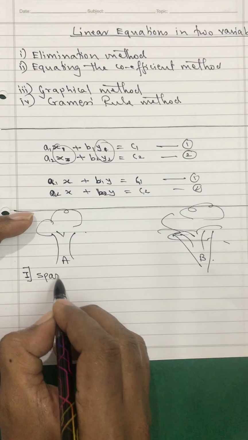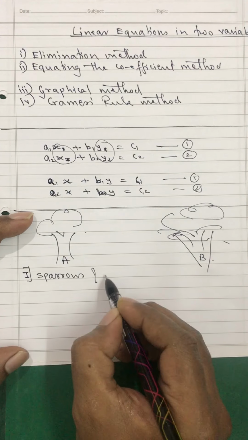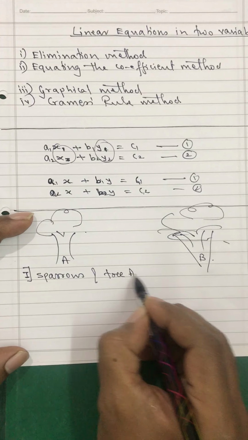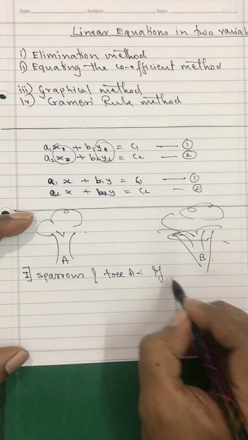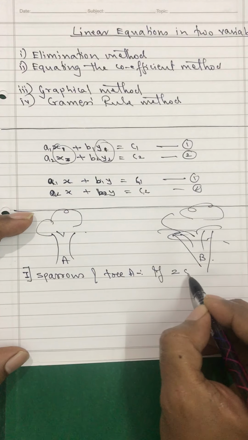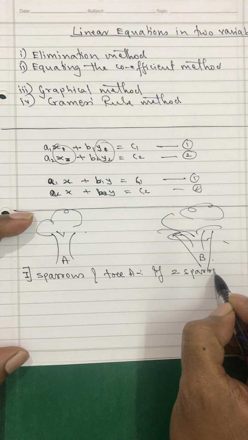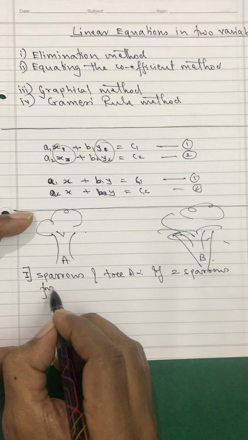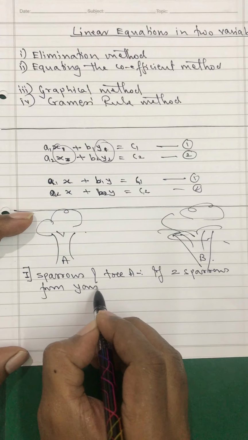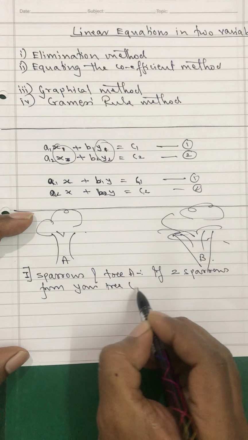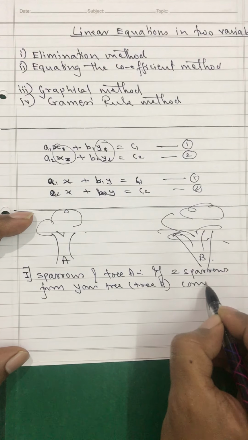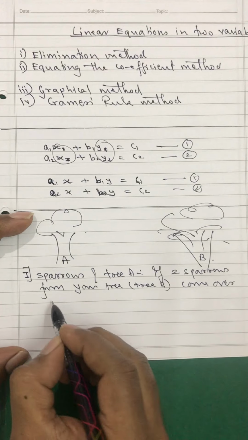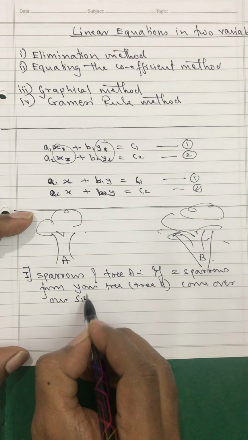Sparrows of tree A, what they say: if two sparrows from your tree, means tree B, come over our side, you understand?